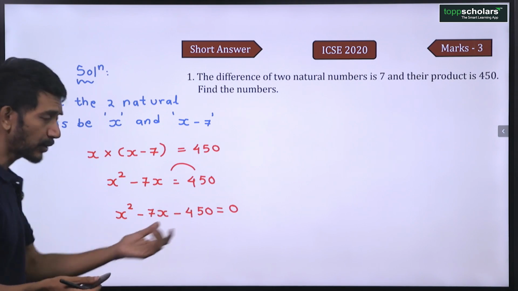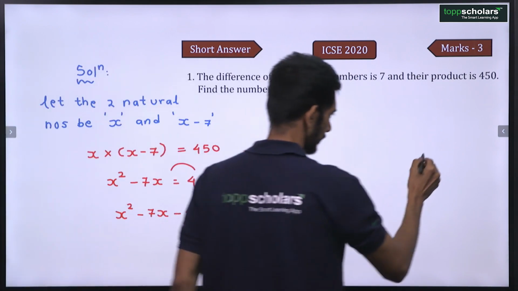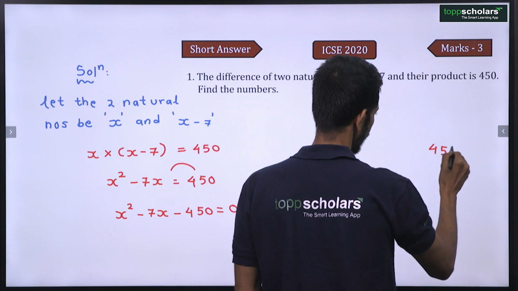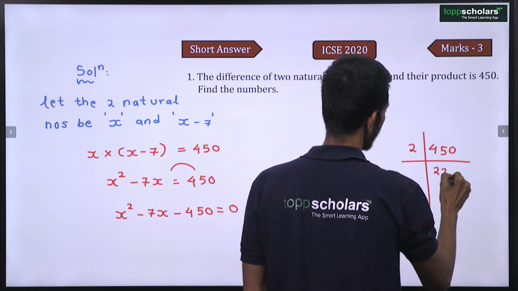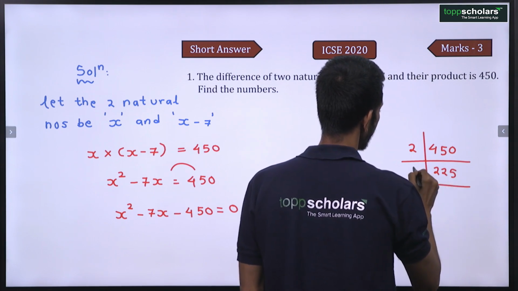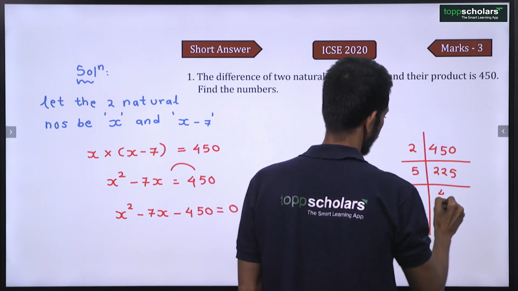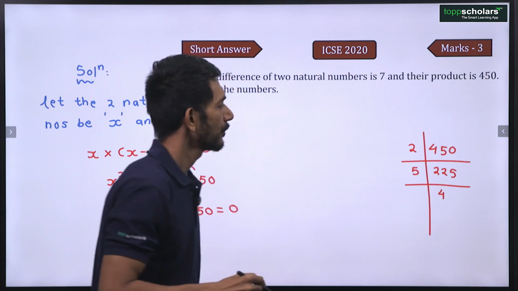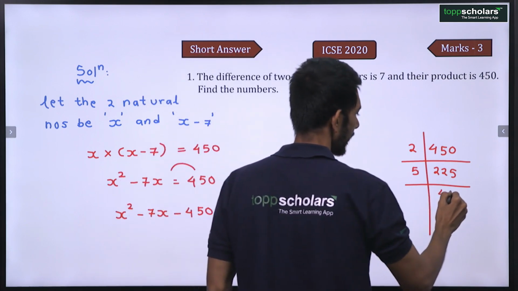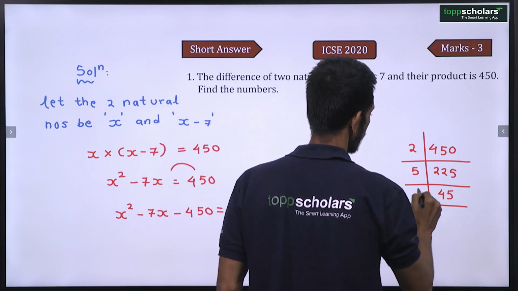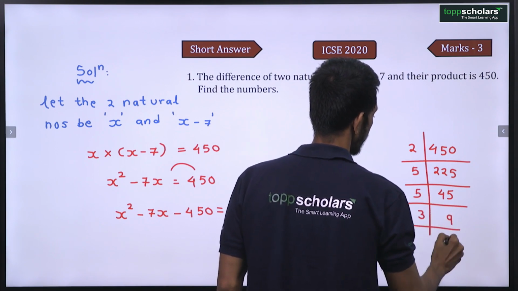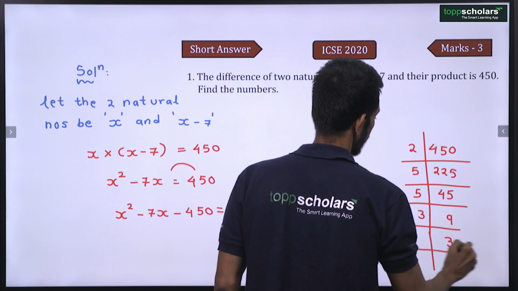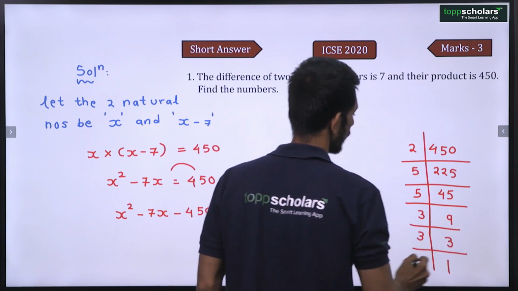Now you need to find out two factors here, right? So simply what you can do is you can keep dividing here. If I divide by 2, I get 225. If I divide by 5, so 5 4s are 20 and this is 5. This is 5, this is 9, this is 3, this is 3, again 3 and then 1.